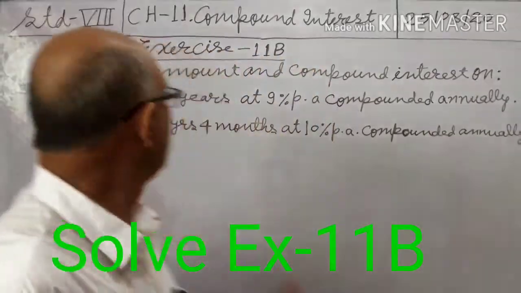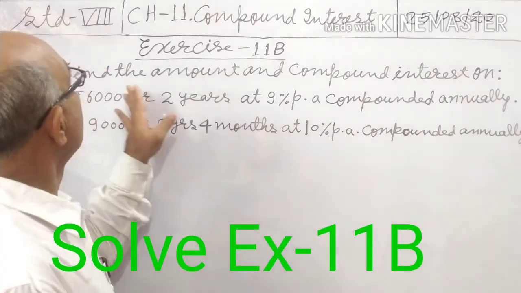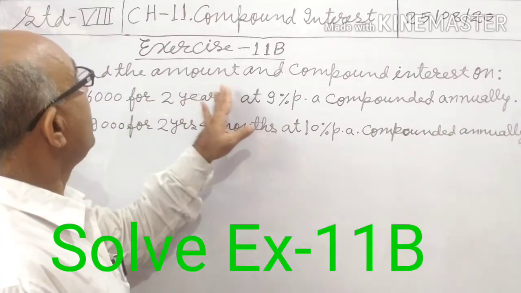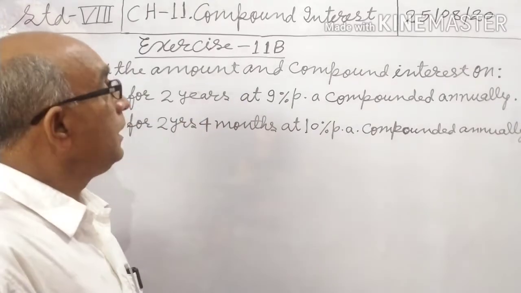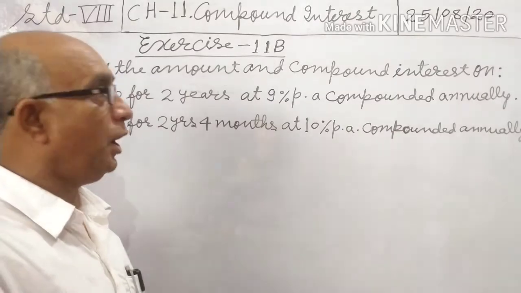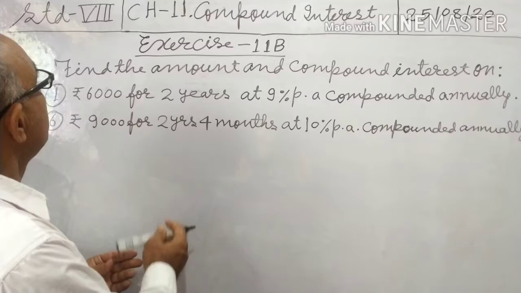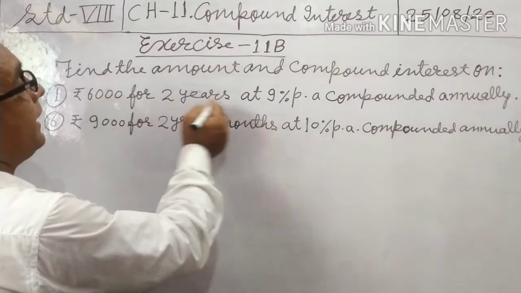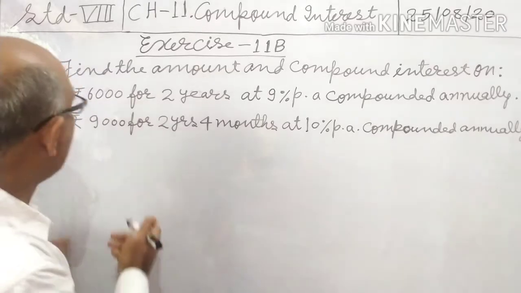Students, now I solve exercise 11b. Question number 1 and 6 are written on this board. Find the amount and compound interest. Question number 1: rupees 6,000 for 2 years at 9% per annum compounded annually.